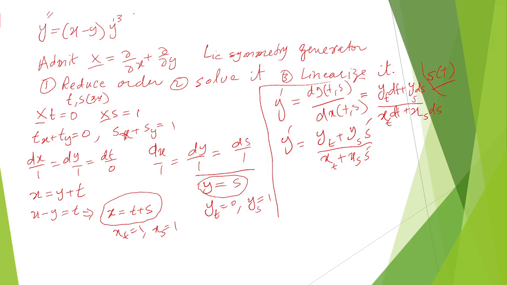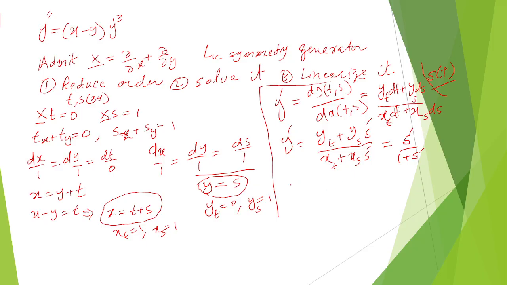Okay, putting the values over here, y_t is 0 and y_s is 1, so it is s dash over, x_t is 1 and x_s is 1, so this is 1 plus s dash.